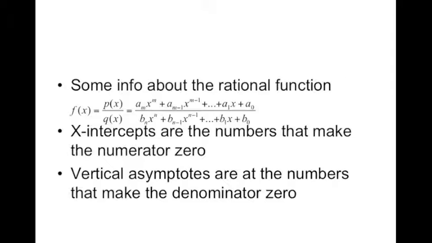So when we try to divide by 0, it creates a break in the graph, and that break is the vertical asymptote. So we're going to set the top equal to 0. Those are our x-intercepts, so the places that the graph will cross the x-axis. We're going to set the bottom equal to 0. Those are the places where we're going to get a break in our graph, the numbers that can't exist. So we'll do those two things by hand.